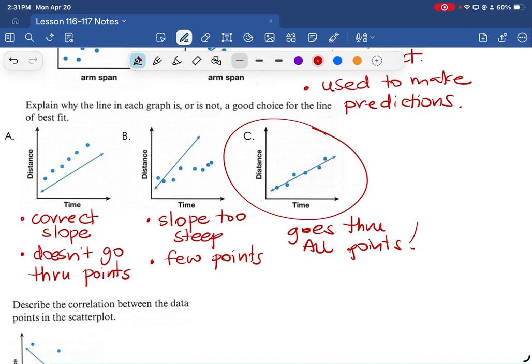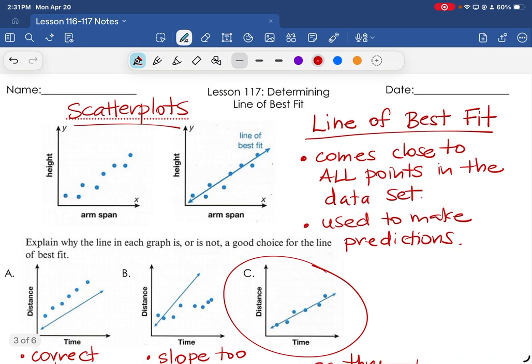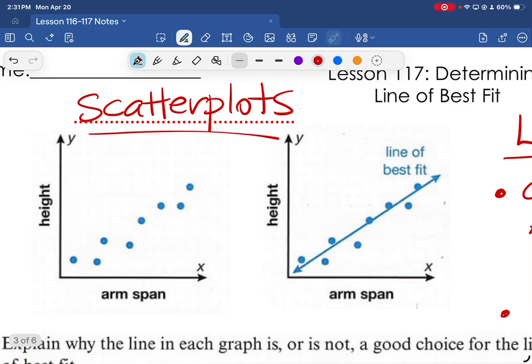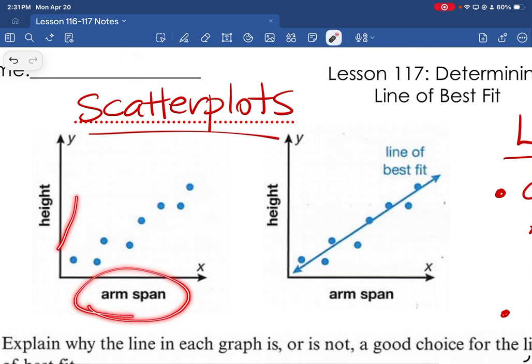Okay, real quick up here, I forgot to explain something. Do you notice the 2 things we're comparing? Arm span and height. I'm not super versed in the sports world, but apparently arm span and height have a correlation, maybe with basketball players.